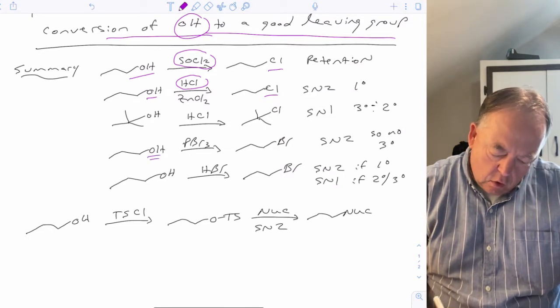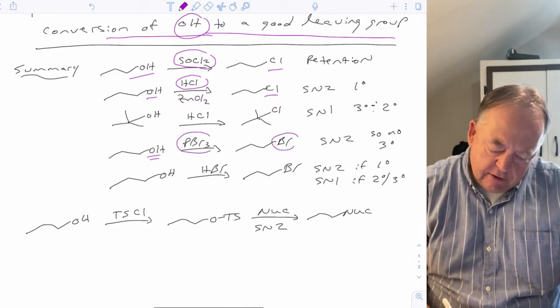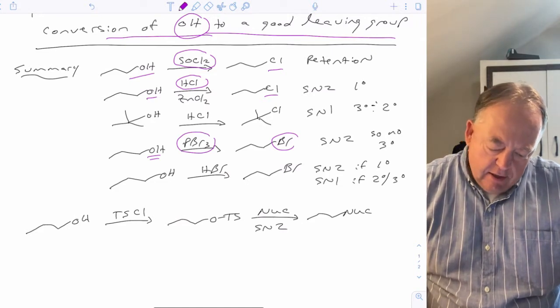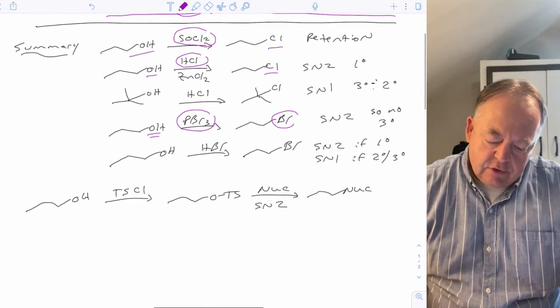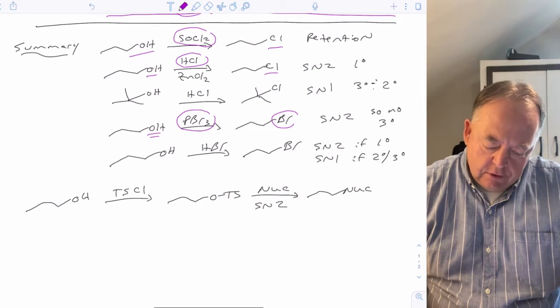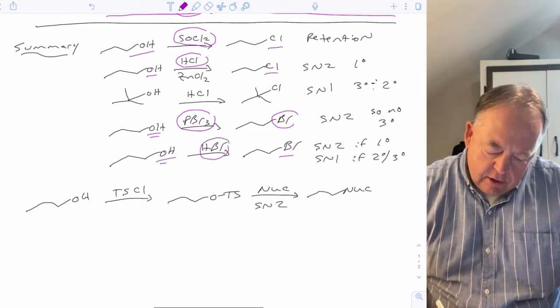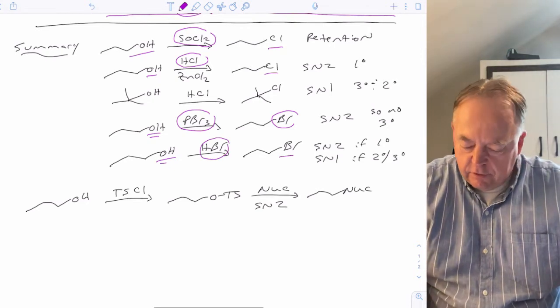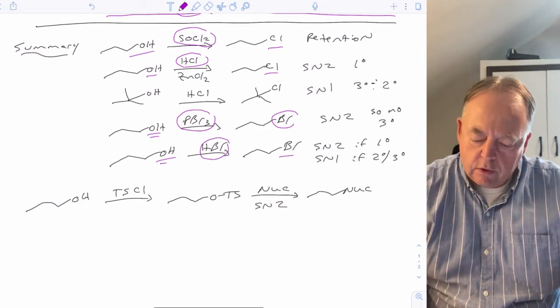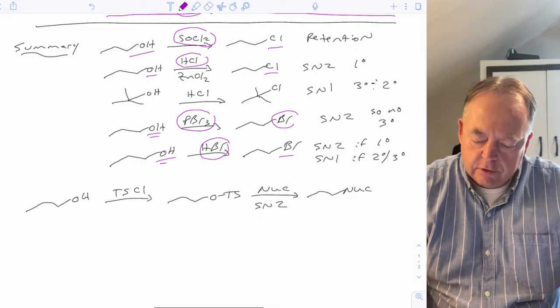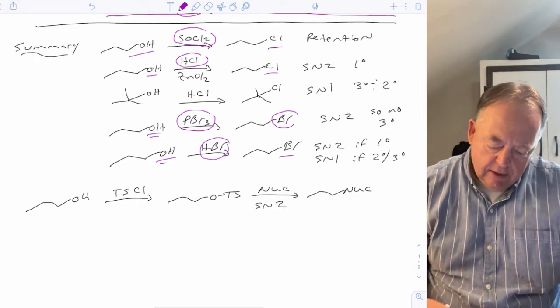Or you can convert an OH to a bromine using this reagent, phosphorus tribromide, where that's an SN2 reaction, so you can't use tertiary alcohols. Or you can convert the OH to a bromine using HBr. And again, whether the mechanism is SN1 or SN2 would depend on whether the alcohol is primary, secondary, or tertiary.